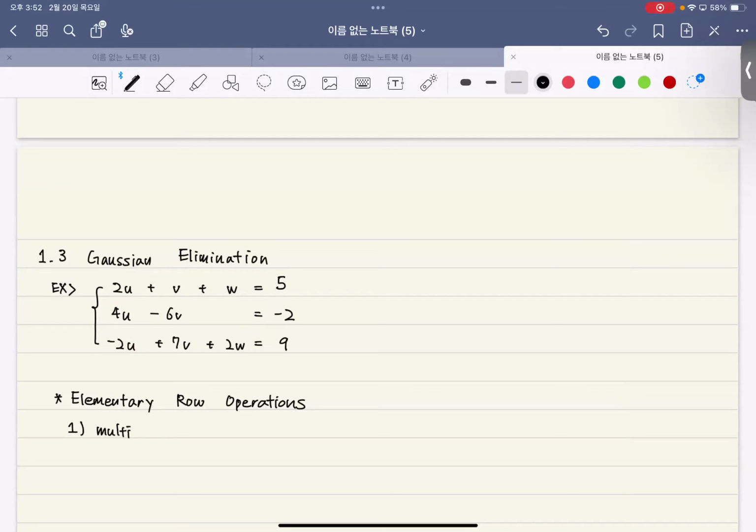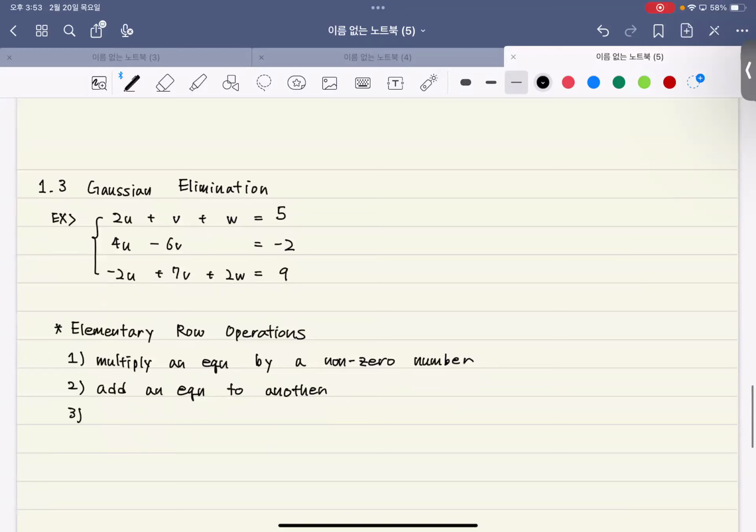The first operation is to multiply any equation by a non-zero number. The second elementary row operation is to add an equation to another. The last operation is to exchange the order of rows of a given system.